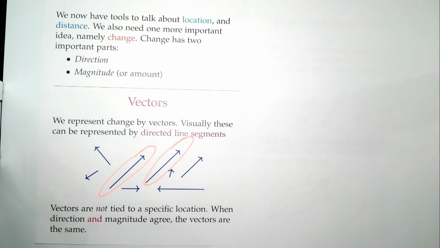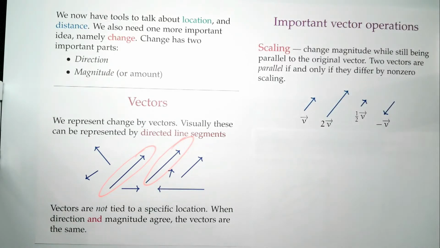Now, once you have an object, you want to say, well, what are things we can do with this object? What are some things we can do with vectors? Well, one thing we can do is change the length. For instance, this vector has the same direction, but the wrong magnitude. I can change the magnitude by an operation called scaling.